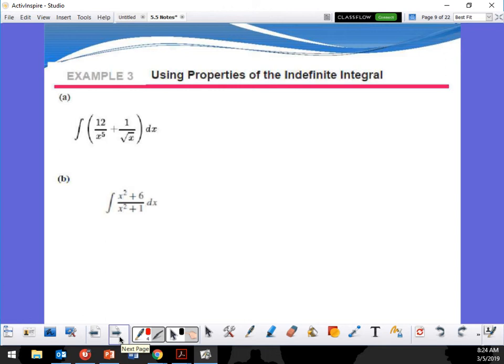All right, let's do this one then. Let's rewrite first. 12 integral of x to the -5. Whenever I'm doing this, I always want to have it in the numerator; I'm okay with negative exponents.